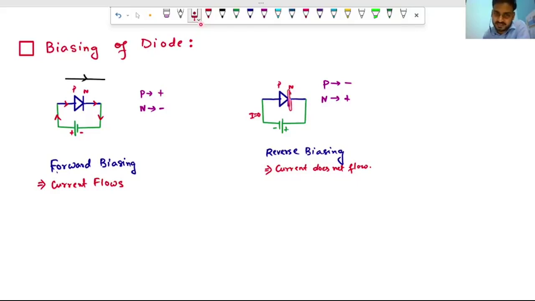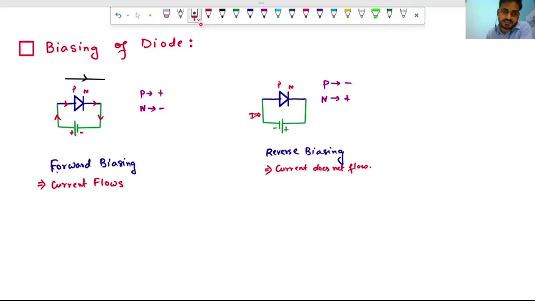So this stick is as if it is opposing the current. But for the forward direction, when current comes from this side, the shape is a little bit like an arrow. So this arrow indicates the current will flow, and this stick indicates the current cannot flow.